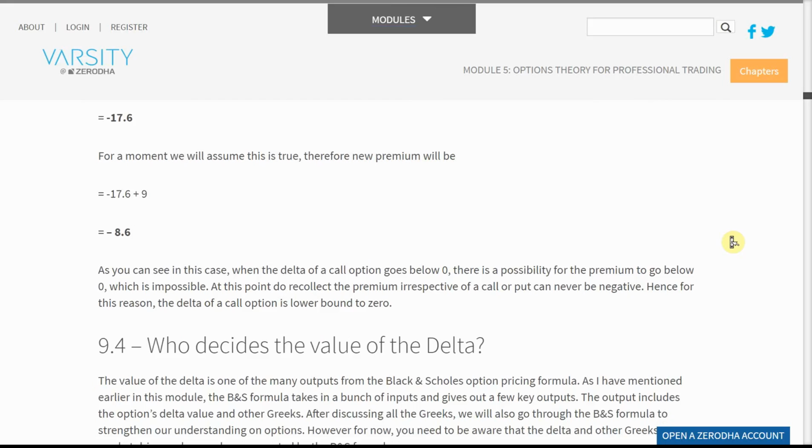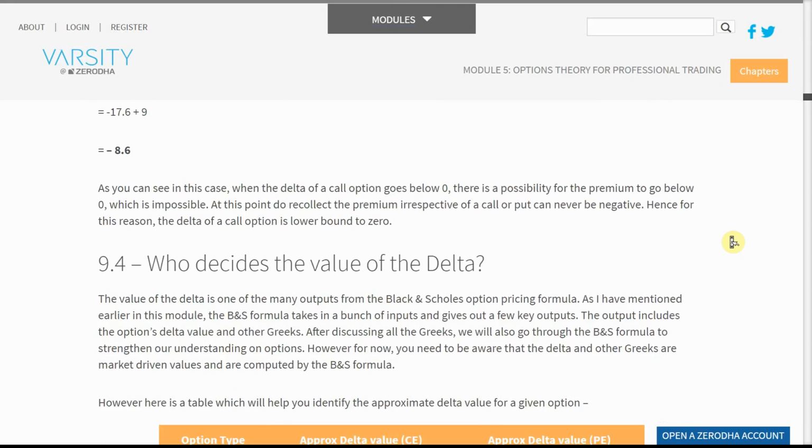As you can see in this case, when the delta of a call option goes below 0, there is a possibility for the premium to go below 0, which is impossible. At this point, do recollect the premium, irrespective of a call or put, can never be negative. Hence, for this reason, the delta of a call option is lower bound to 0.